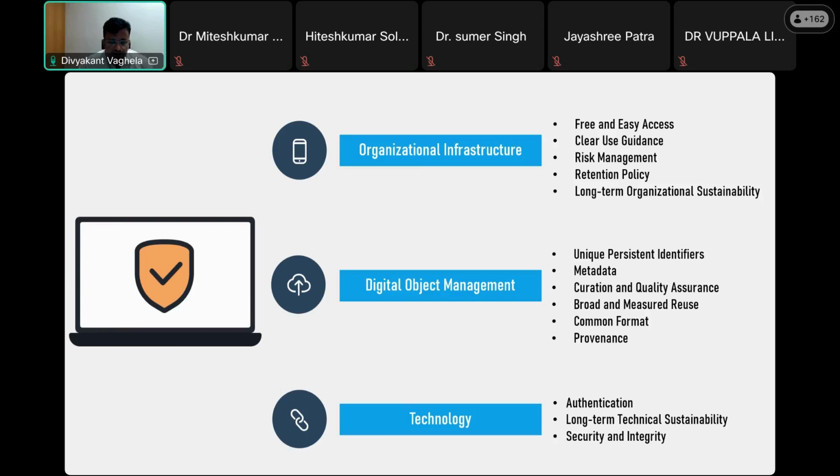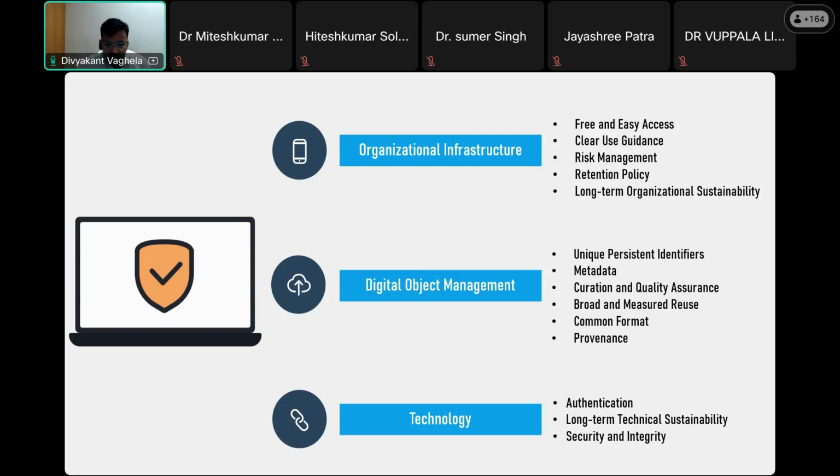The repository should provide expert curation and quality assurance, which improves the accuracy and integrity of the data set. It also describes the terms for reuse. It should have a chain of custody mechanism, like version control, where if we have created multiple versions, then it should have that facility.